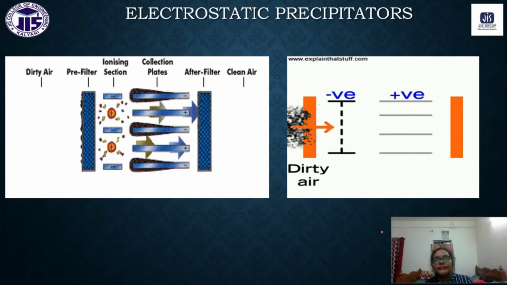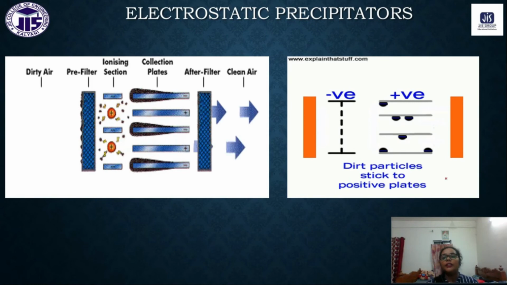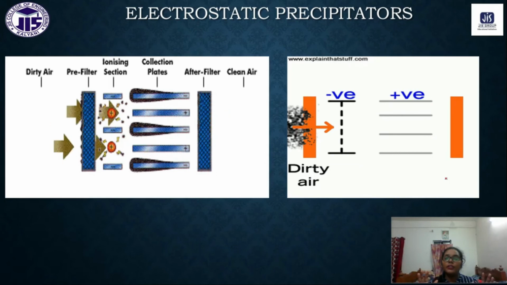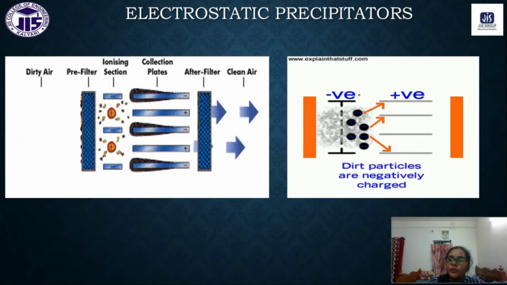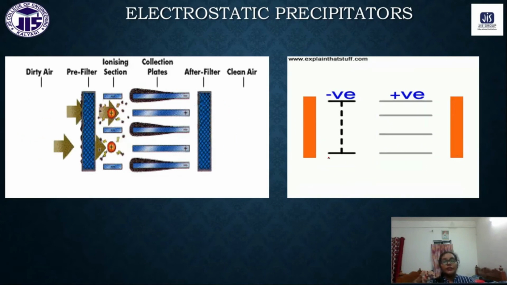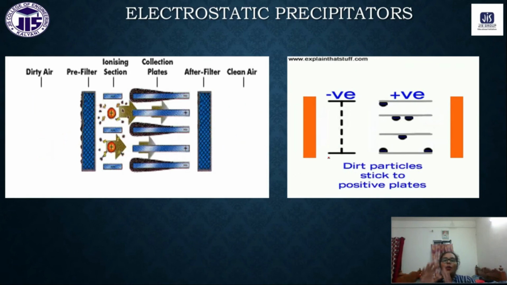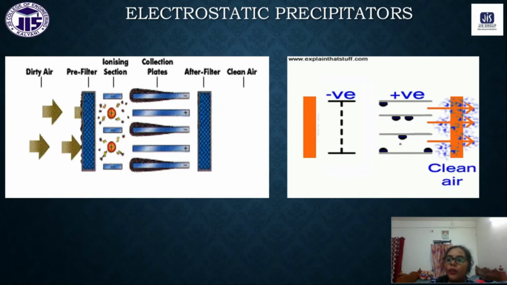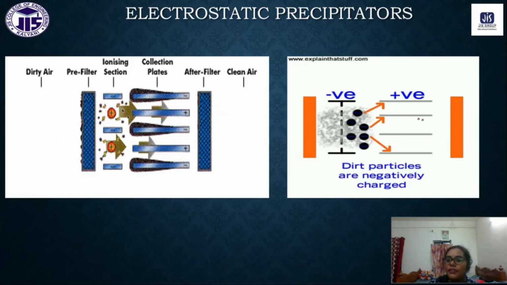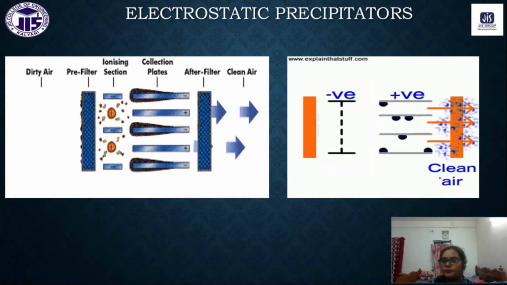Okay, now you can see the 2 electrodes. In between the 2 electrodes we have the electric field. So if the air with particulate matter passes through these electrodes, what will happen? Particulate matters are negatively charged, so they will be attracted by the positively charged surface, and all this particulate matter will be absorbed by the positively charged surface area, and after that from the outlet we get the clean air.